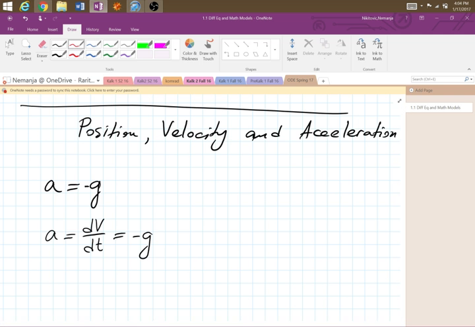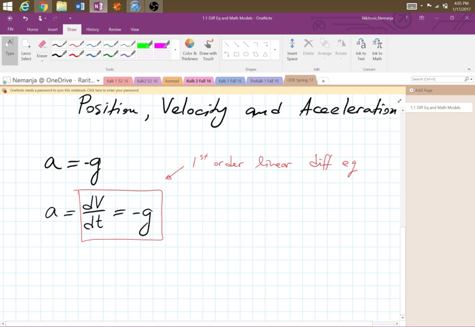Now this part over here in the red box is actually a first order linear differential equation, and we're also going to put in the word separable because it's very easy to solve. So first order linear differential equation right there.